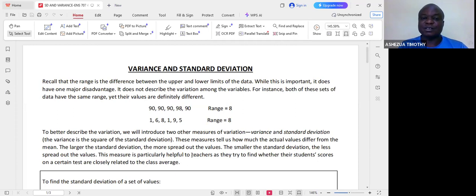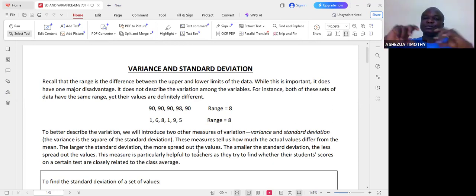This measure is particularly helpful to teachers as they try to find whether their students' scores on a certain test are closely related to the average score. These people carrying out research in education, and in other fields of endeavor, use it. Let me give an example in the classroom setting, because I'm a teacher.